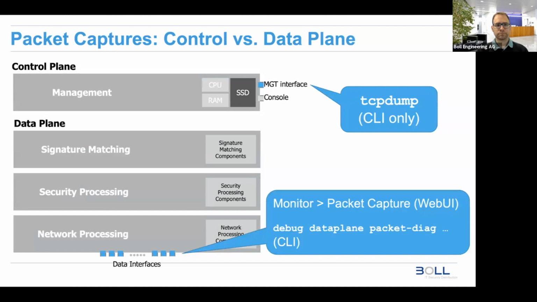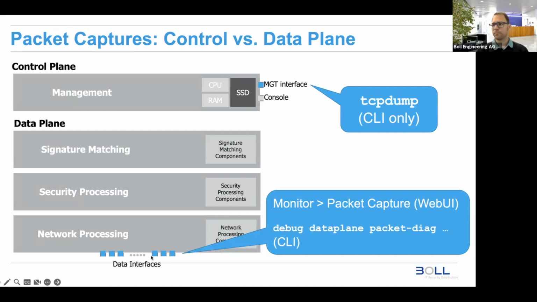This is transit traffic, handled by the data interfaces from the data plane. So if you are looking to capture management traffic on the management interface, you have to use tcpdump on the CLI of the firewall. There's no other tool on the firewall to capture this management traffic.